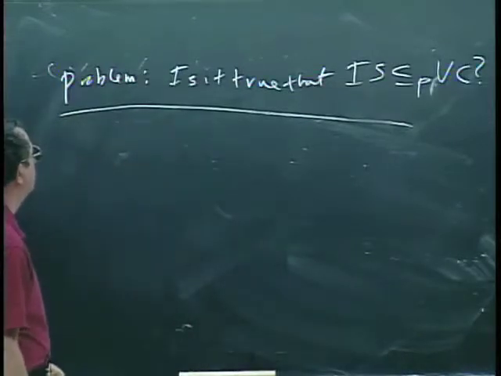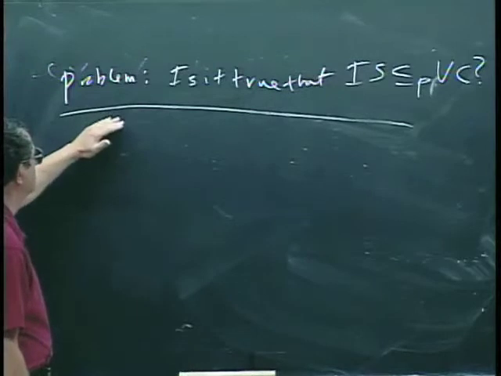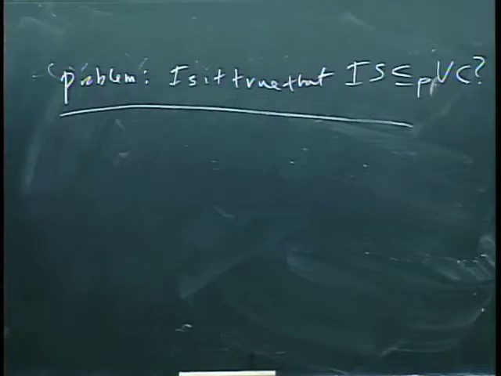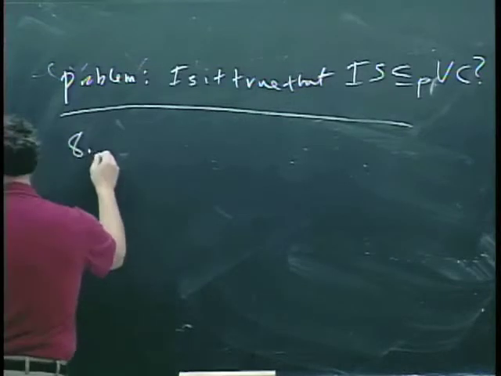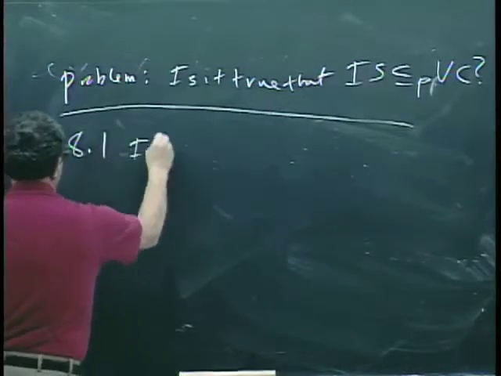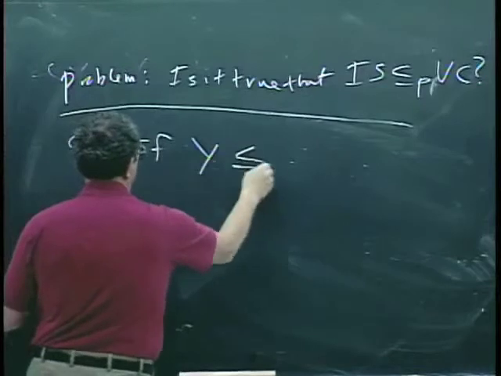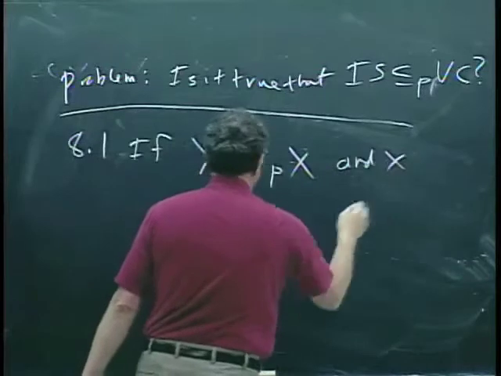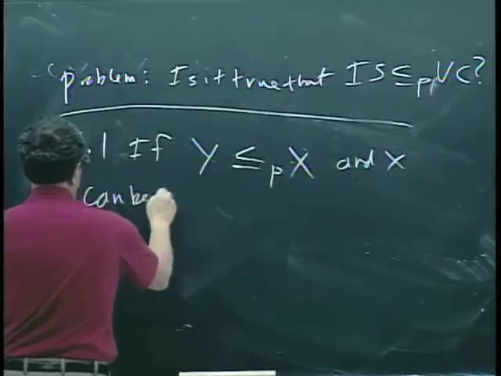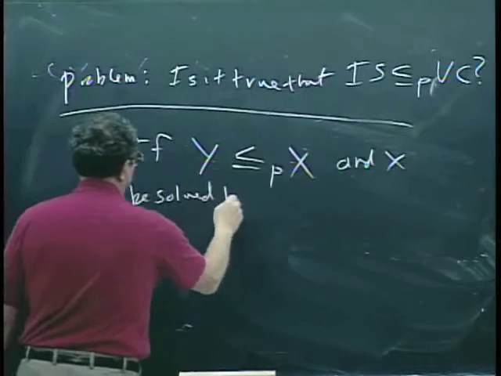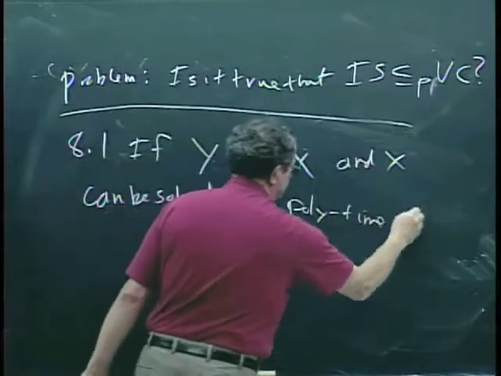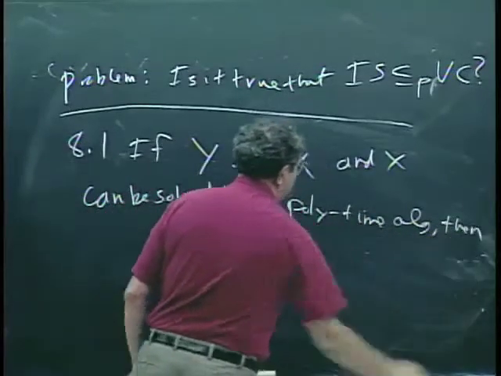Now let's make some elementary uses of this notion of reduction. The first one, the book calls it 8.1: if problem y reduces in polynomial time to x, and x can be solved by a polynomial time algorithm, then what?